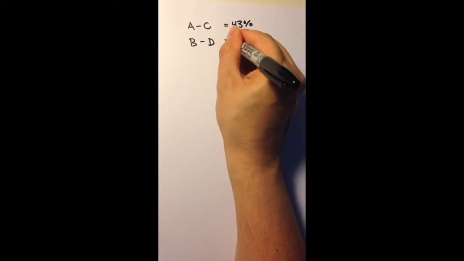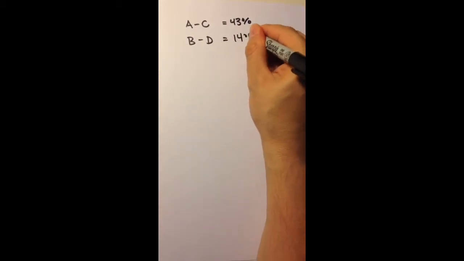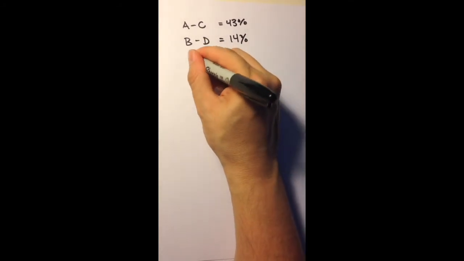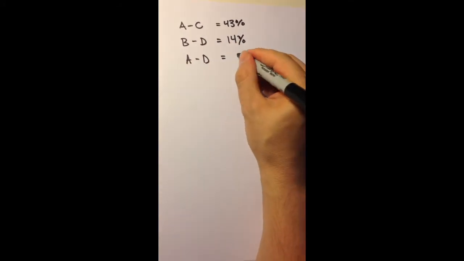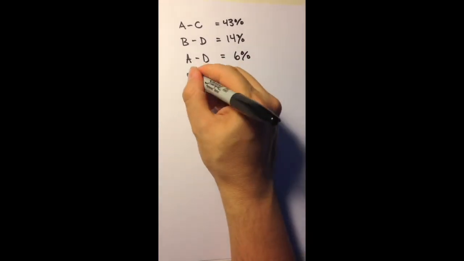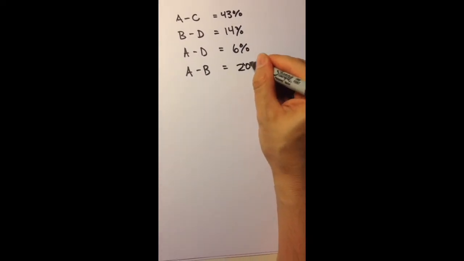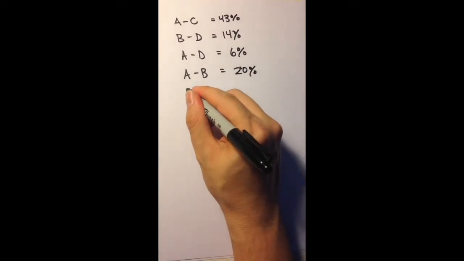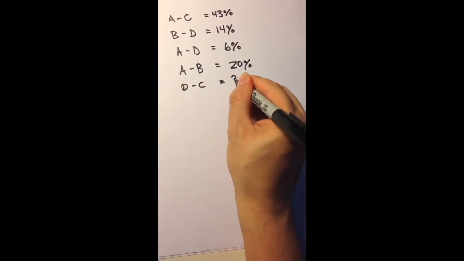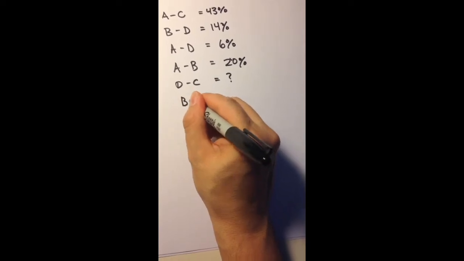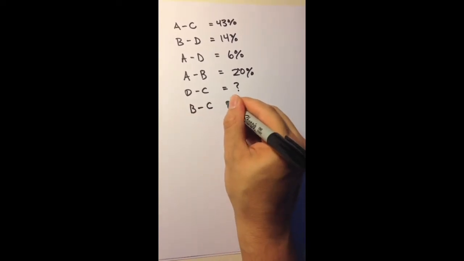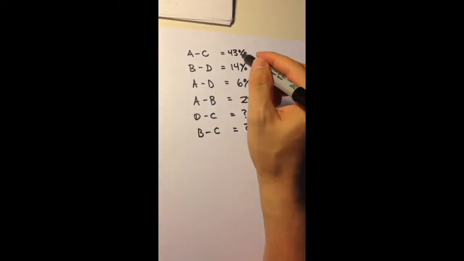Between B and D, that percent crossover is 14%. A and D is 6%. And A and B is 20%. And you want to know what DC percent is and BC percent is based on these.